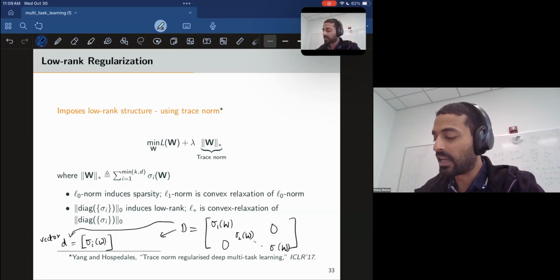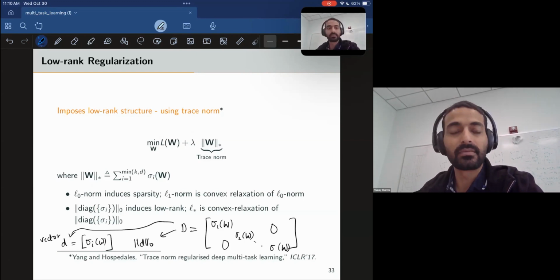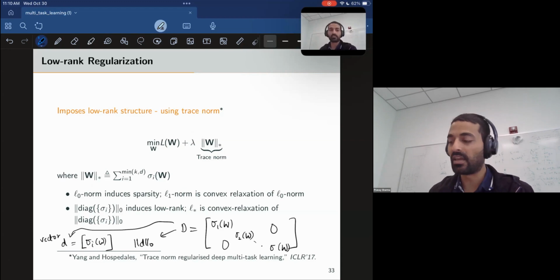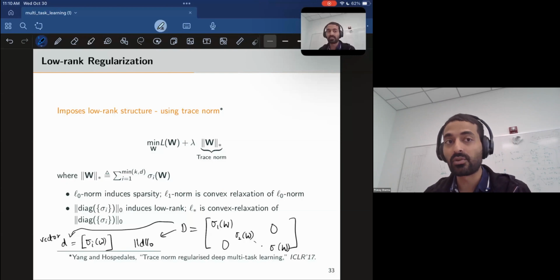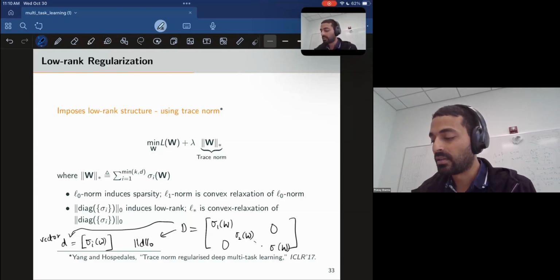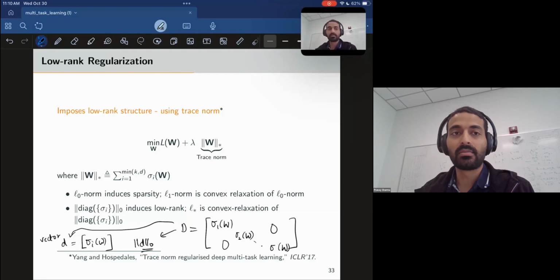Because now I have a vector, I can also look at the L0 norm of this vector. So this will give me how many of the diagonal entries are zero, or how many of the singular values are zero and non-zero. It turns out this L0 norm is exactly the rank of the matrix, right?